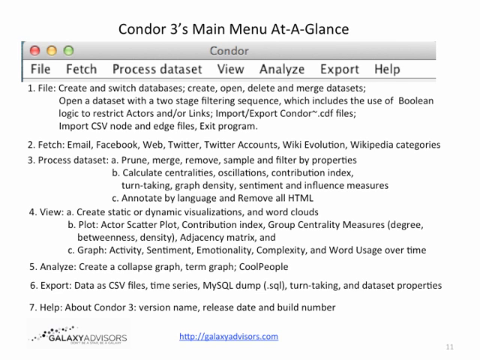You can open a data set with a two-stage filtering, which includes the use of Boolean logic to restrict actors and/or links. You can import or export Condor CDF files, which are Condor data format files. This is used to share files with others, to move files between different computers, or to save them as a backup for later reuse.